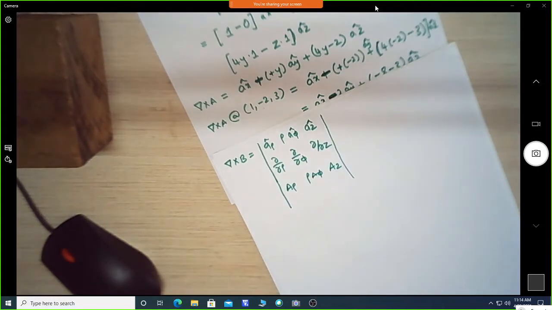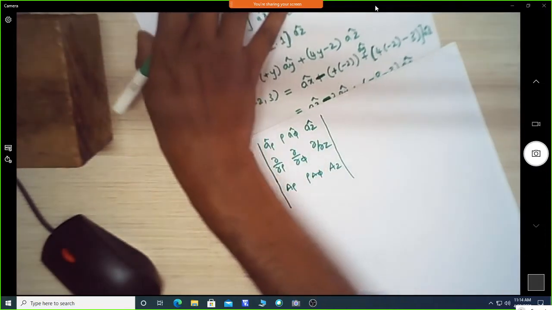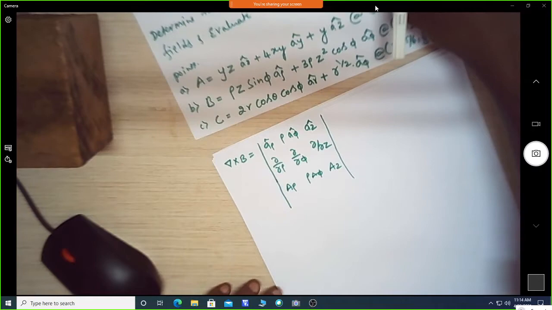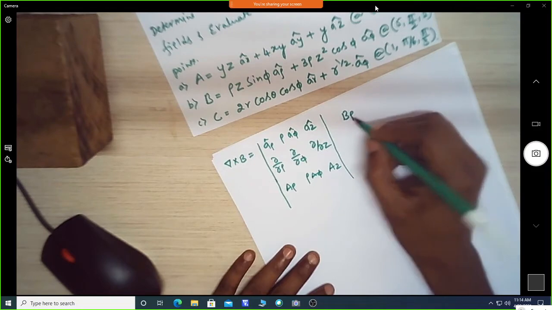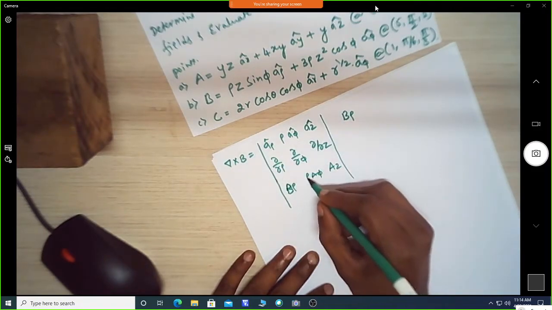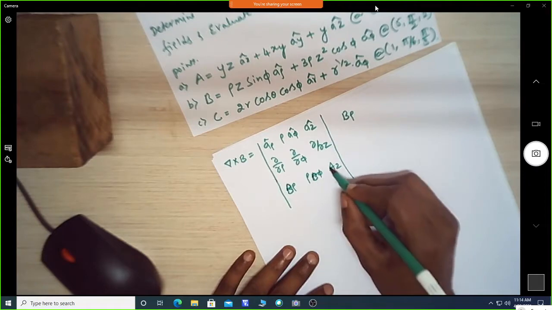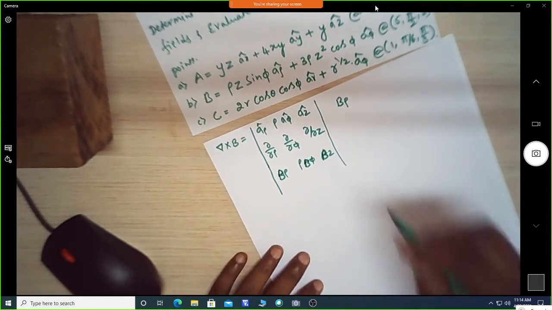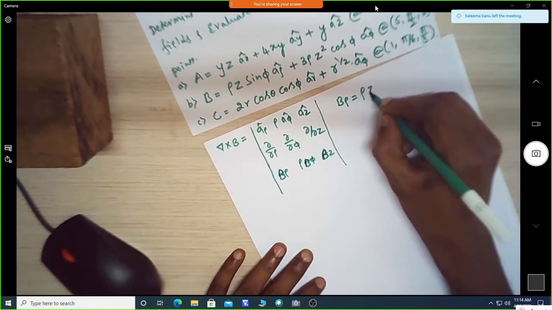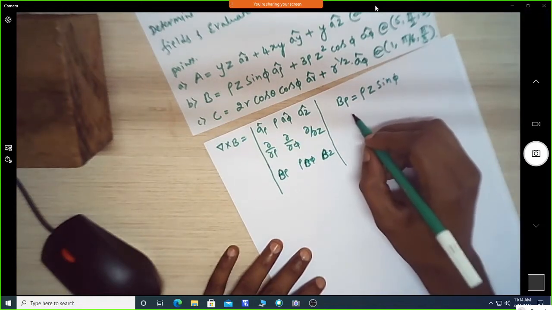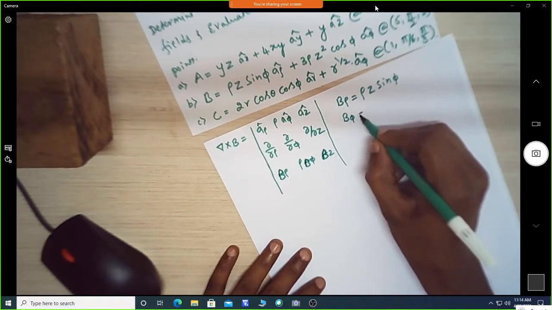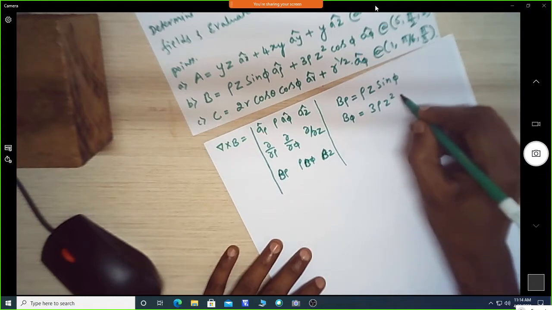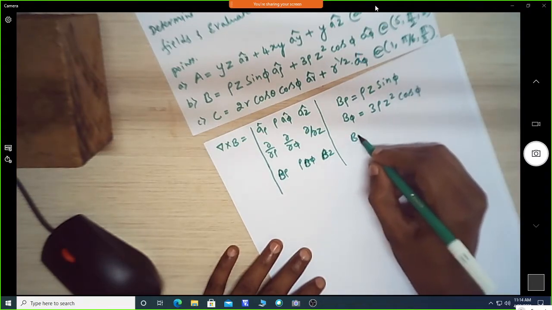Now what is the given vector? The given vector here is rho z sin phi. Since we have the B vector, we can write it as B rho, B phi and Bz. So the B rho component is given by rho z sin phi, the B phi component is given by 3 rho z square cos phi, and the Bz component is 0.